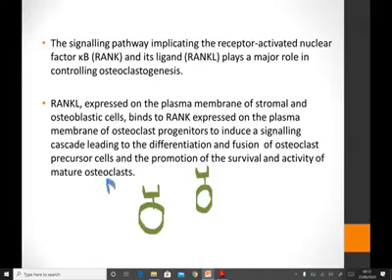Okay, so this is RANKL. This RANKL is present on the surface of both the osteoblast and a stromal cell. I am writing an S for the stromal cell. So basically, on the plasma membrane of osteoblast and stromal cells, there is a ligand present called the RANKL, which is a receptor activated nuclear factor ligand.